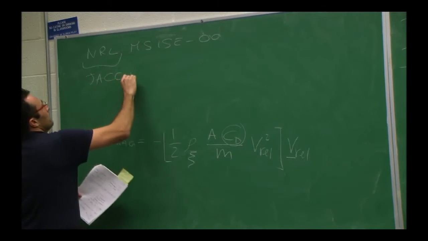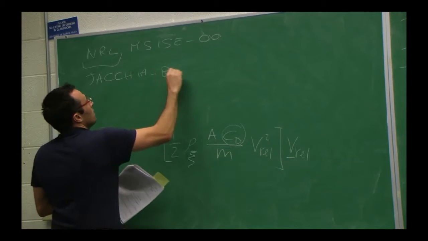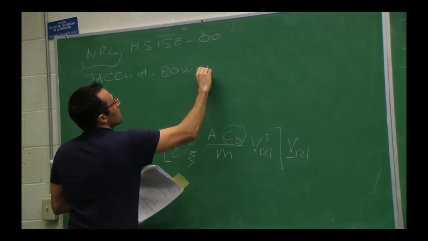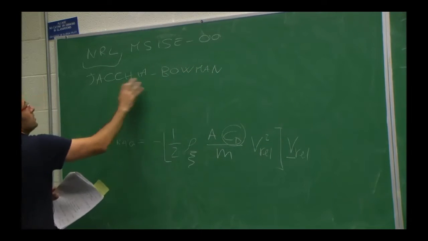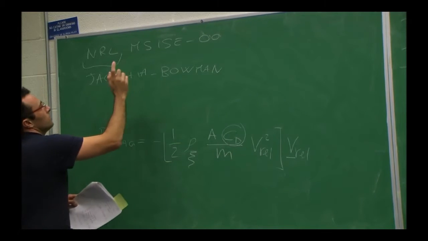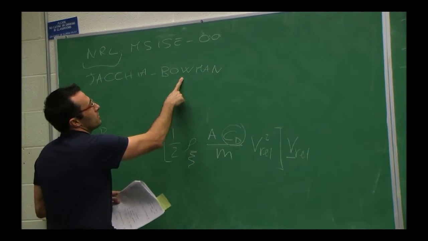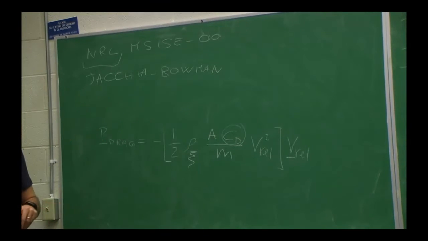Then there is Jacchia-Bowman. This is still used. These two gentlemen, I don't know about Jacchia. Bowman just retired, and we actually still have a proposal pending with him, and I hope he gets funded. But yeah, these people are still active in the field. These things that we're studying just happened in the last few decades.